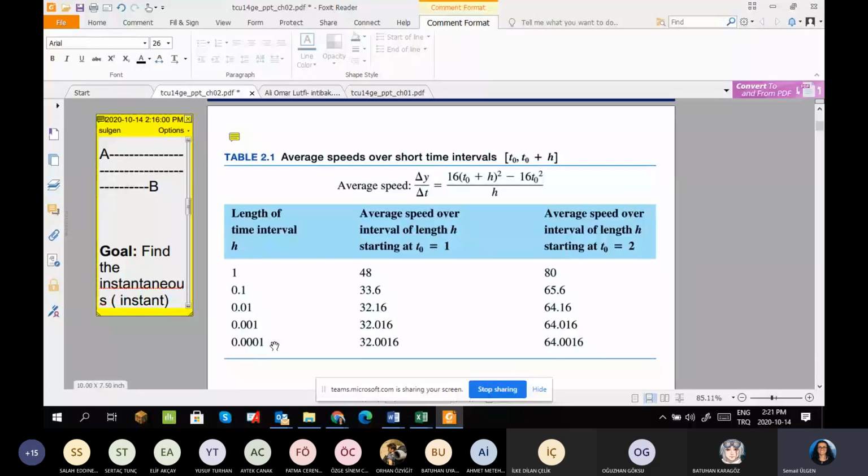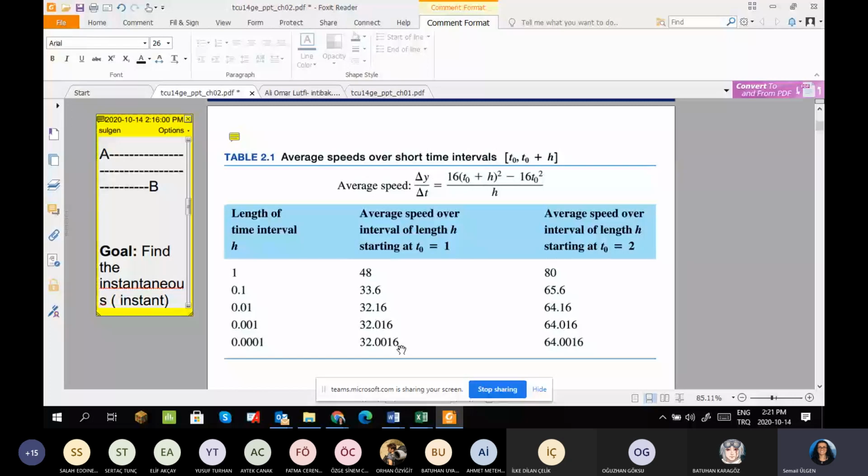And then the average speed over the interval of length h starting at t0 equal to 1 is at first 48, but it drops down to 32.0016. So this is showing that the instantaneous speed at time t equal to 1 is close to 32.